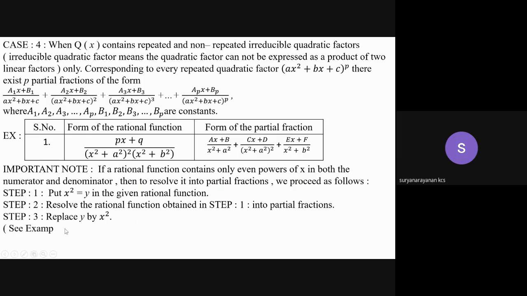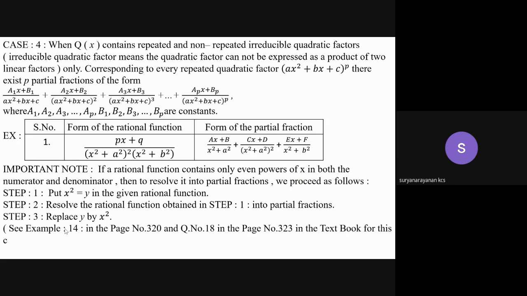For this important point, see example 14, page number 320, and question number 18 on page number 323 of the textbook.